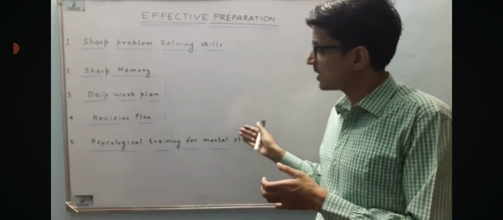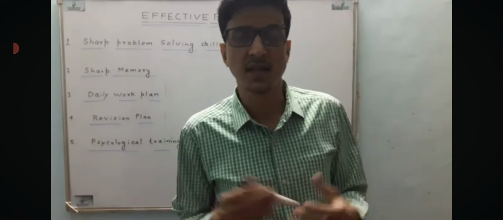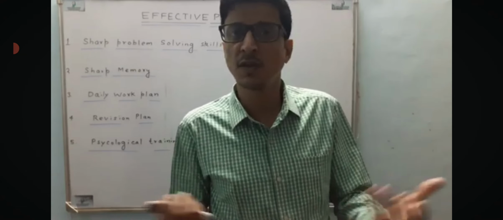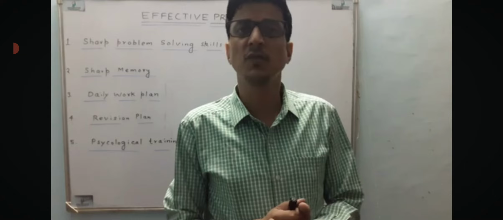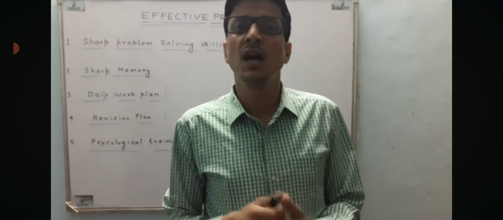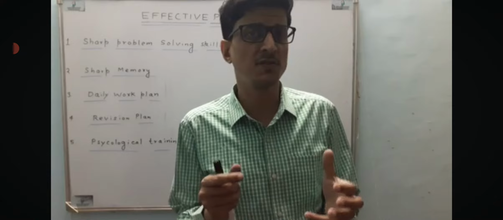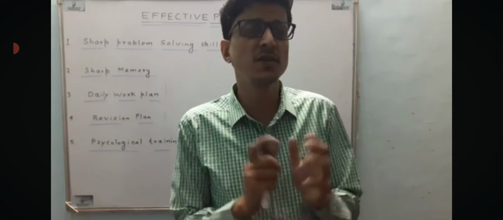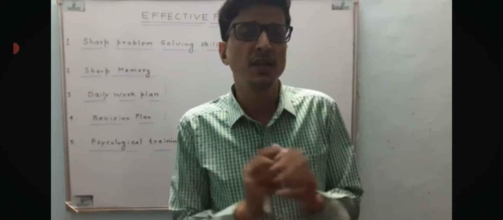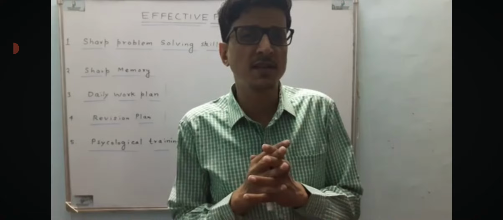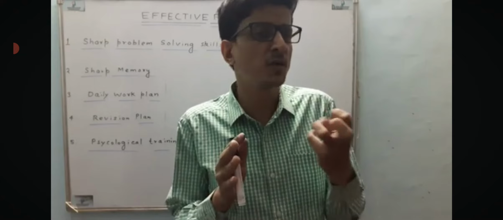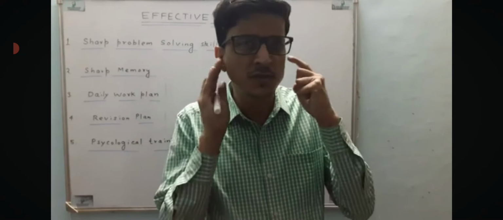The next is a revision plan. It's natural that you will forget information learnt after some time if you don't have a revision plan. So make a revision plan. The successful students are very smart and very clever. They work on the psychology of mind and prepare accordingly, modulate themselves accordingly. So you must also prepare in a smart way.